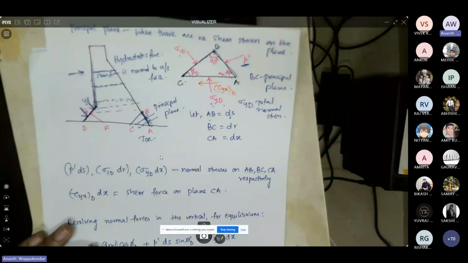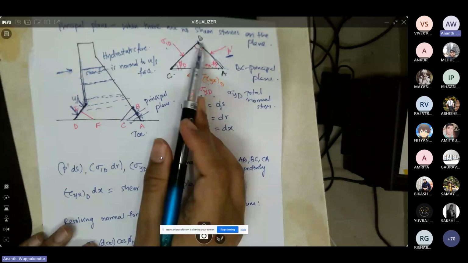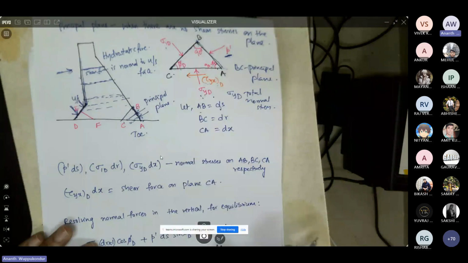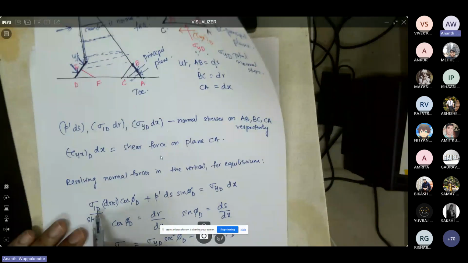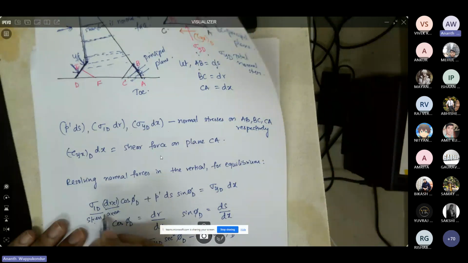And using the angles of the triangle and the lengths of the sides of the triangle, we can resolve the forces in the vertical direction. So you have sigma 1D with dr times 1, which is the area. Stress multiplied by the area gives you the force, and you resolve that in the vertical direction with cos phi d.